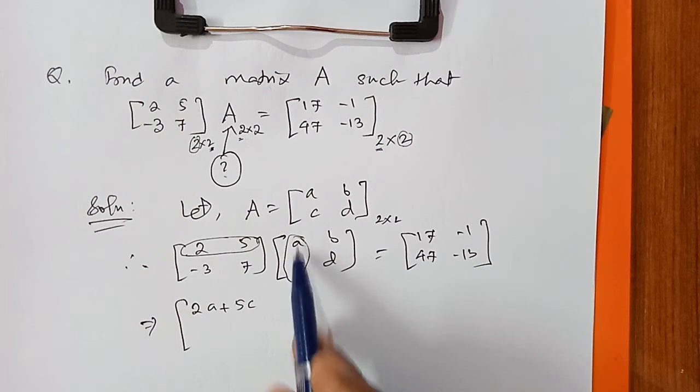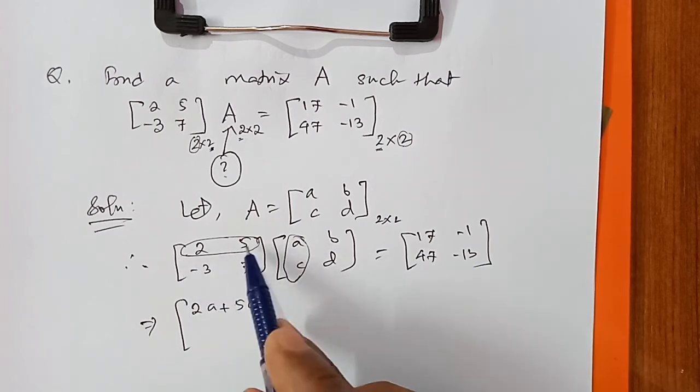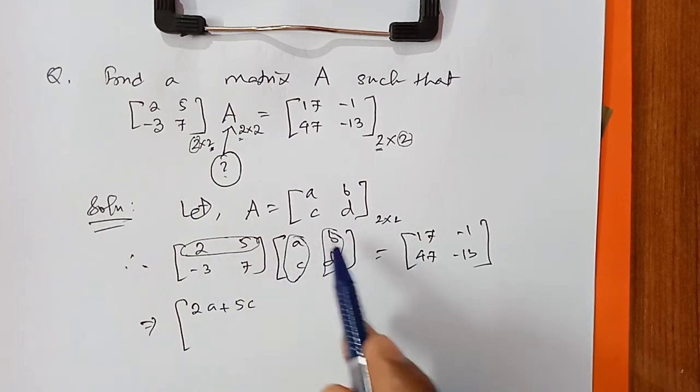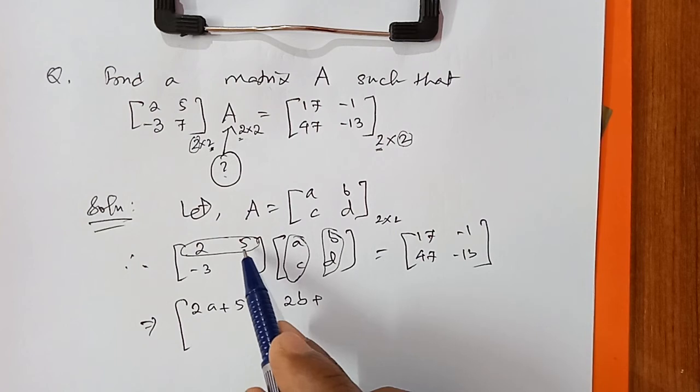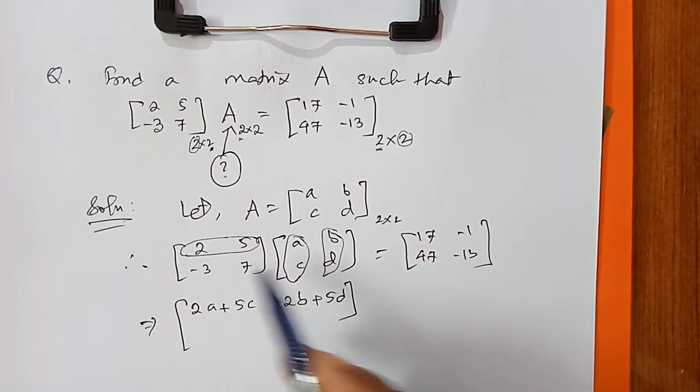The first row, first column is finished. Now the first row elements go with the second column elements: first and first, 2b, plus 5 times d, 5d. The first row product is finished.